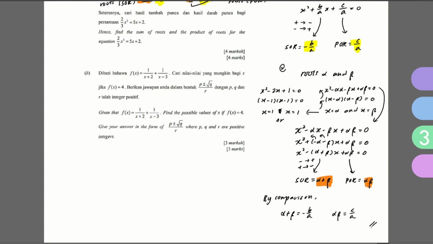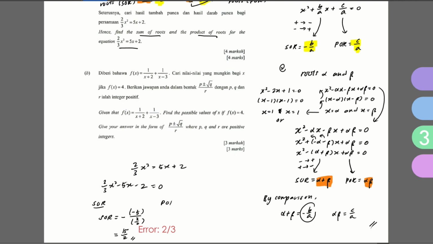And don't forget, there's another part we need to answer, which is hence find the sum of roots and product of roots for this equation. It's quite straightforward. Our SOR would be minus b over a, and our POR would be c over a. For SOR you will get 15 over 2 and for POR we will get negative 3.